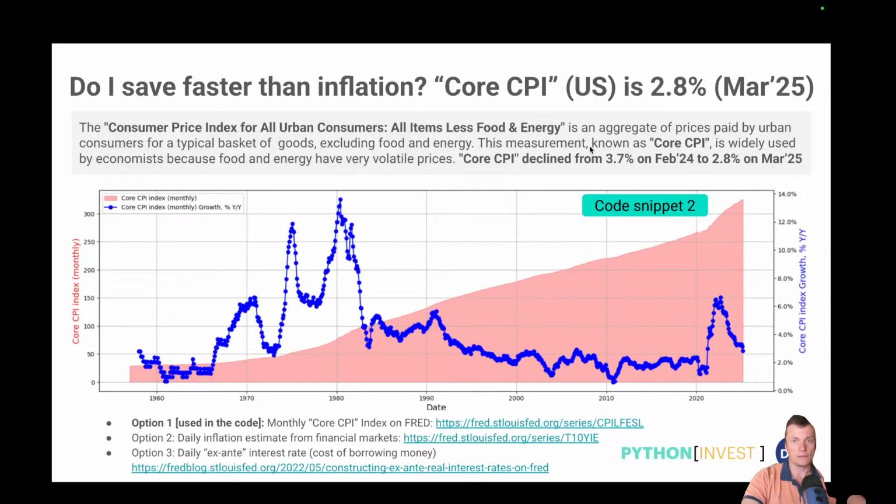Core CPI declined from 3.7% in February 2024 to 2.8% in March 2025. Now you know that you need to save money at a rate higher than 2.8% just to have the same buying power.